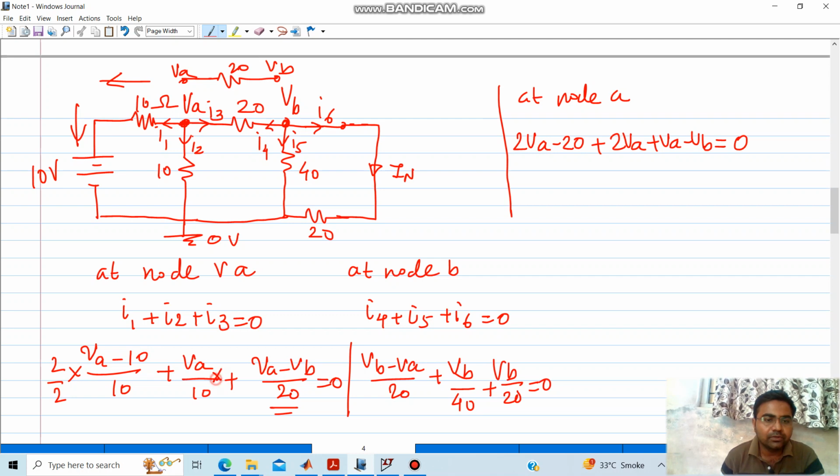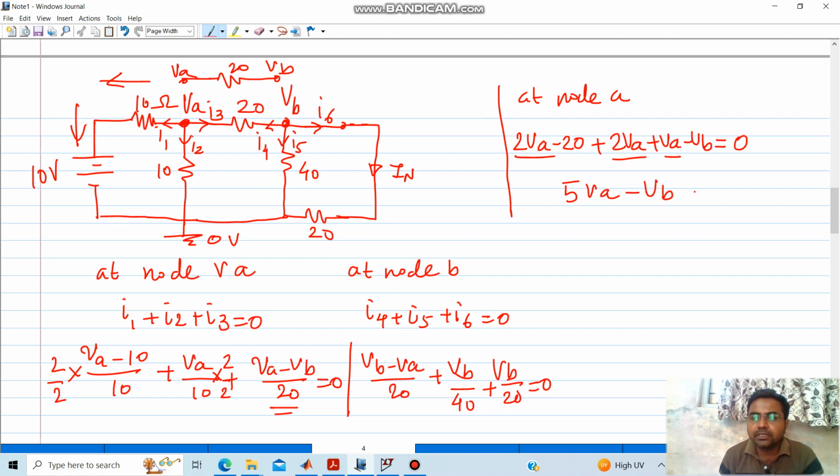Here also multiplied and divided with 2. So in denominator 20, 20, 20, and this 20 I have kept out and multiplied. So here this is 2VA, 2VA and VA. So that would be 5VA, then minus VB, then is equal to, if I take 20 on this side, this will be 20. So that is equation number 1.